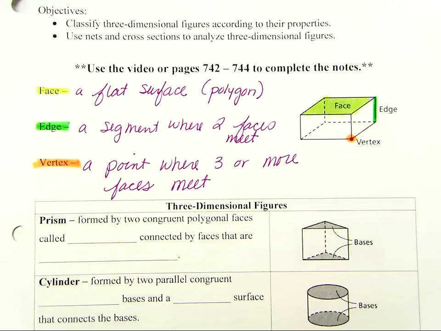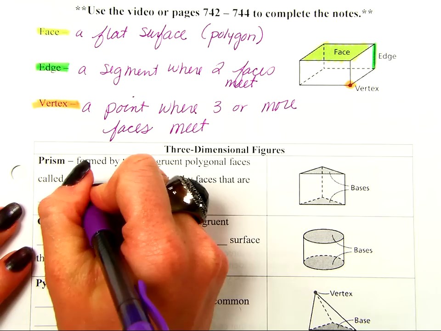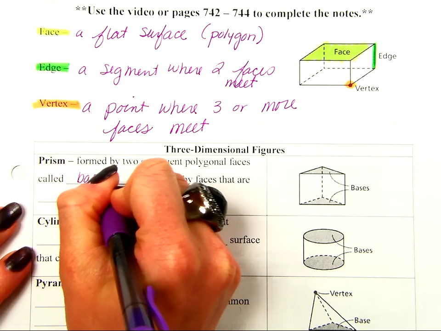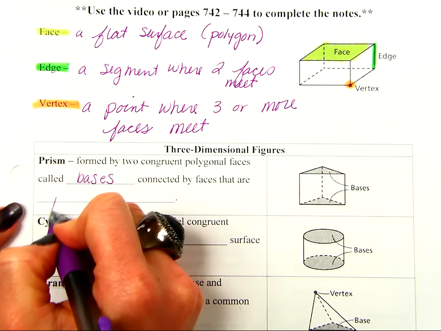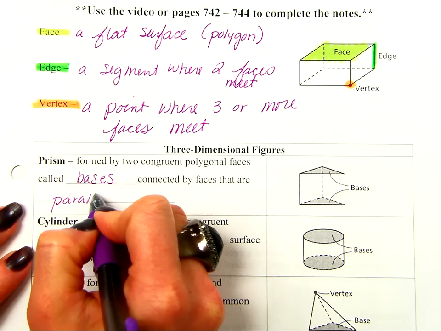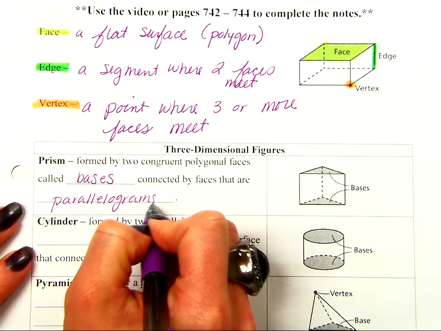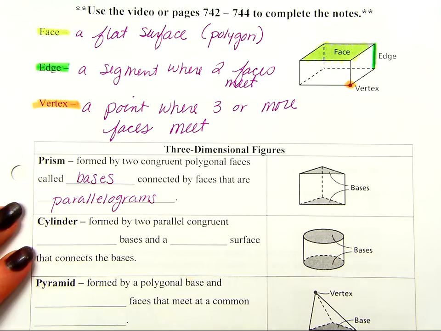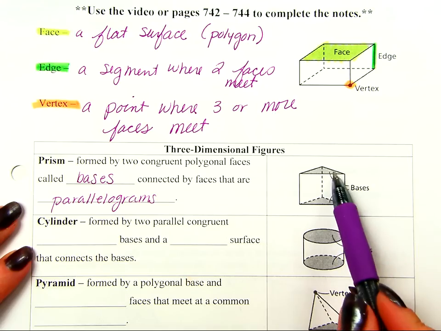First of all, we could have a prism. And it says, a prism is formed by 2 congruent polygonal faces called bases, connected by faces that are parallelograms. So as you can see here, a prism has 2 bases, a top and a bottom.